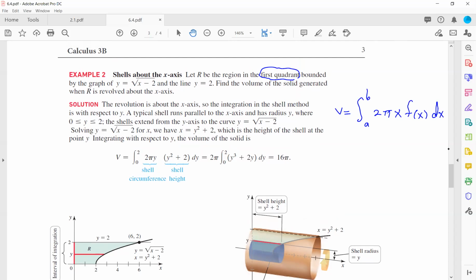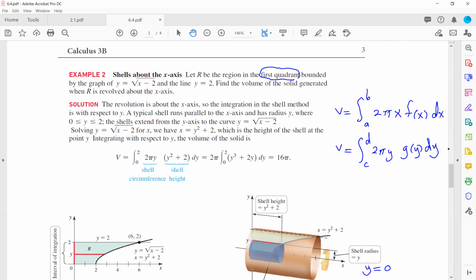Now we are revolving this around the x-axis. You know that the x-axis is the line y equals 0. So your formula is now V equals, for example, the integral from c to d of 2 pi y g of y dy.